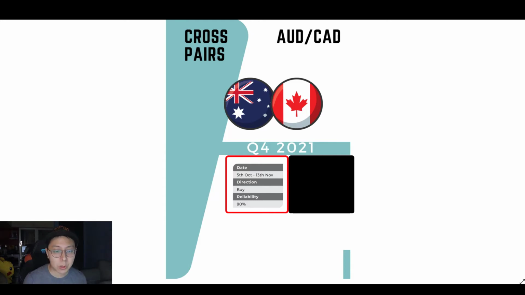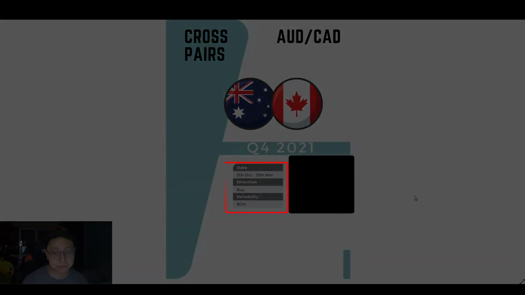Therefore, the direction we're going to focus on for Aussie CAD from the 5th of October to the 13th of November would be the upside. With this directional bias set, we then jump into the technical portion to look out for the alignment to execute the trade.